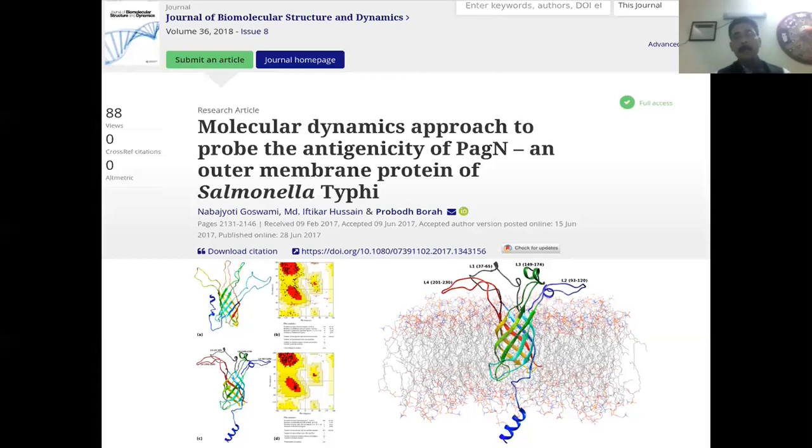But the real antigenic moiety of the PagN protein was not identified because the protein structure was not crystallographed. That is why in our laboratory we predicted the structure of this PagN protein, and successfully designed the protein structure and also identified 4 immunogenic epitopes on the surface of the protein, which were proved to be immunogenic.